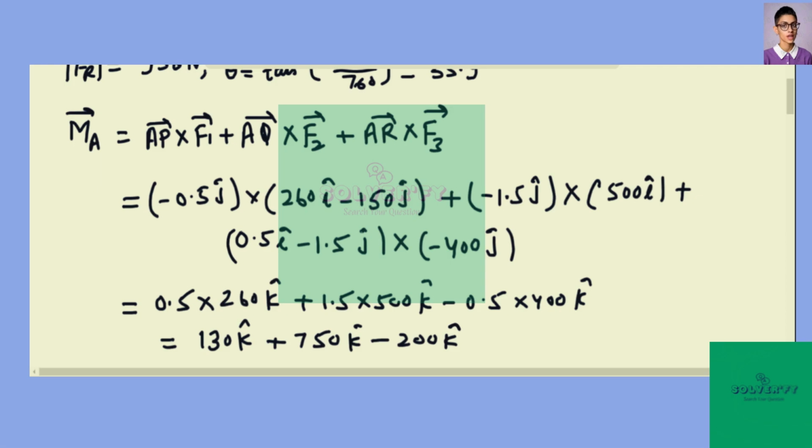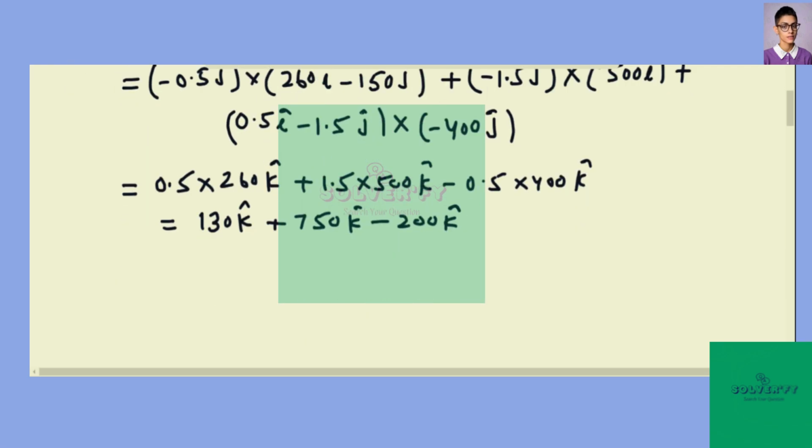So the final answer for the moment of force about A would be 680 Newton into meter k cap, or we can also write 680 Newton into meter in the anti-clockwise direction. So this is the final answer for the moment of force on the frame about point A. This is the answer. Thank you for watching.